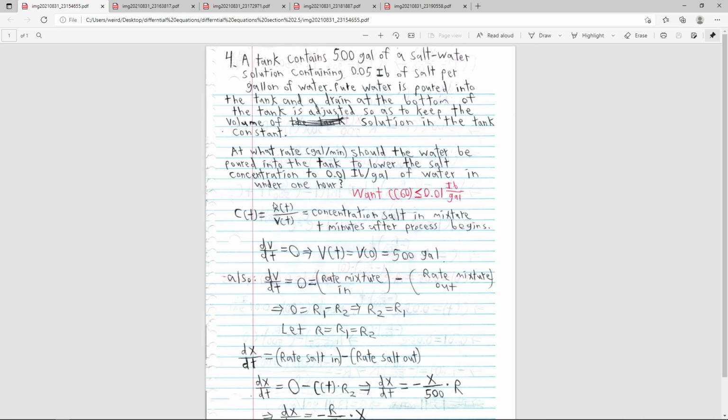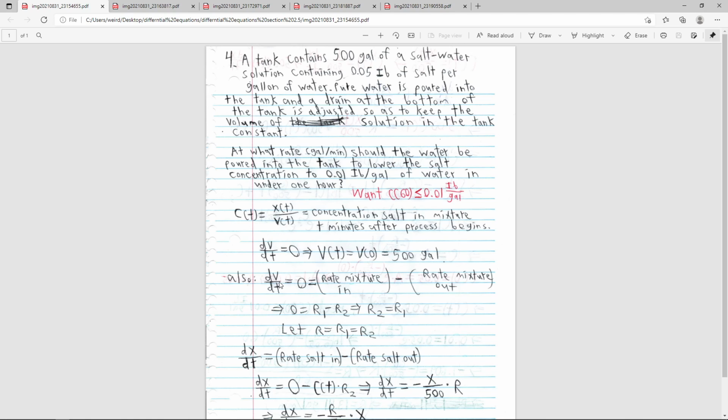So c of t is x of t divided by v of t, which we've been using kind of implicitly, but not needing to worry about what c of t is. So that's the concentration of salt in the mixture t minutes after the process begins. So again, no change in volume. So v of t equals v0, which is 500 gallons.